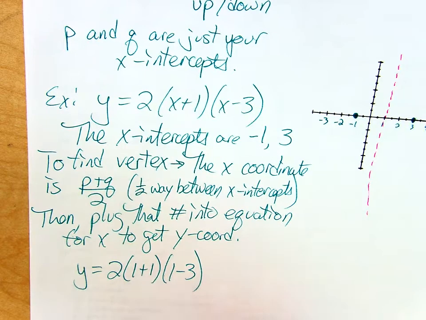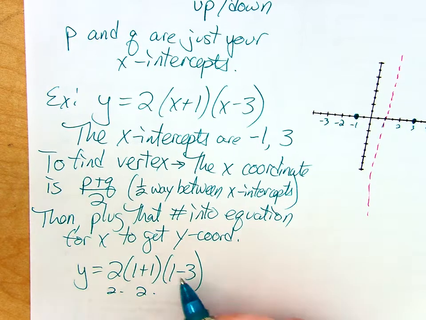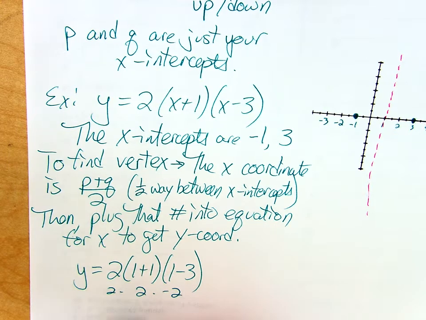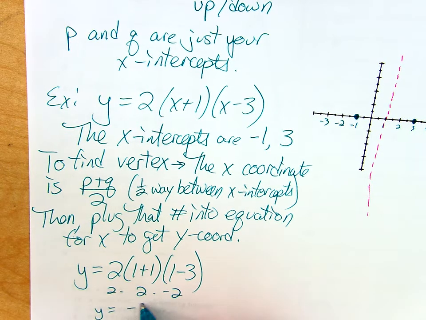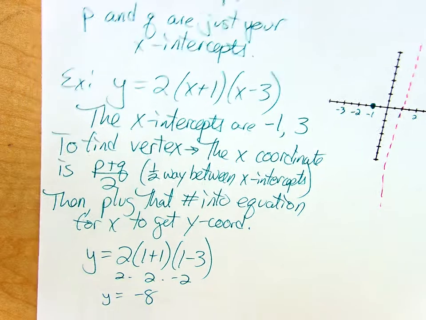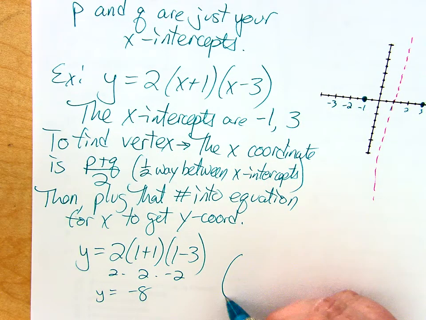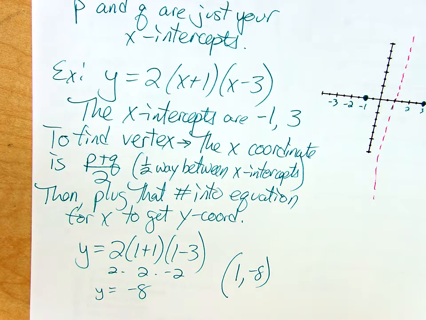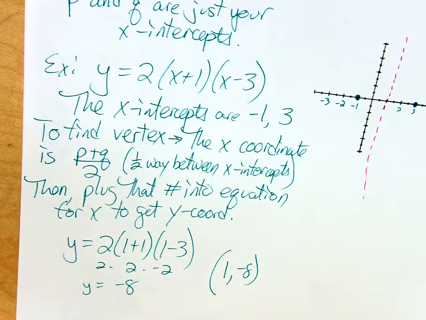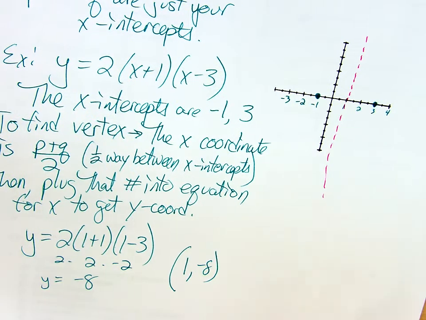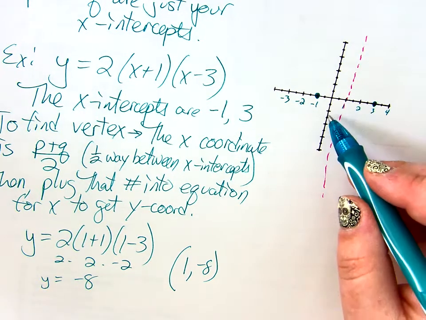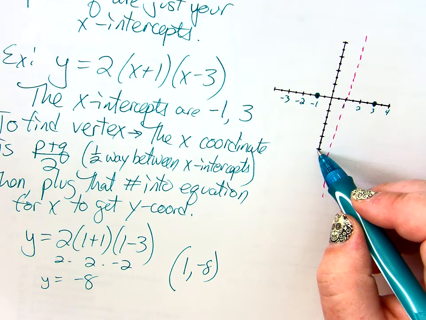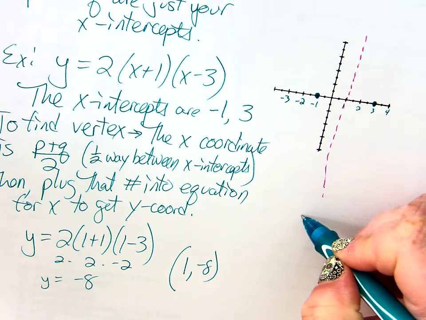So that's 2 times 2 times negative 2. So negative 8. So now I know my vertex is at 1 comma negative 8. Oh, which is way off my grid, but whatever. So 1 negative 8 would be way down. Well, that's 1, 2, 3, 4. So I have to go that much more back down.